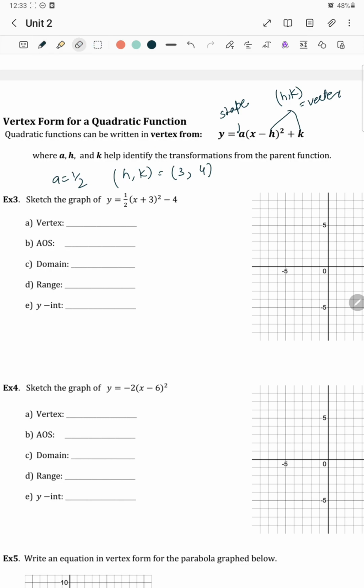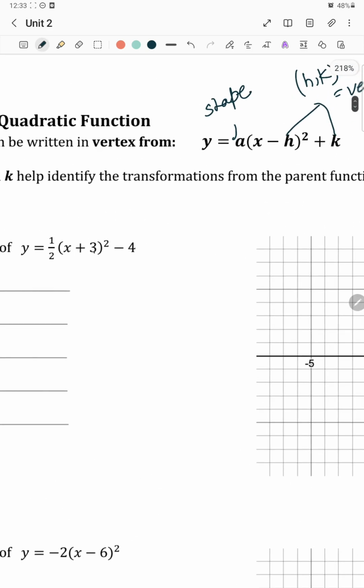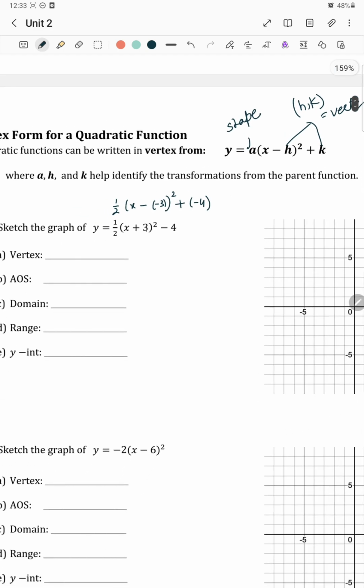But first we need to change the equation. According to this, y equals 1 by 2 times x minus h whole square plus k.